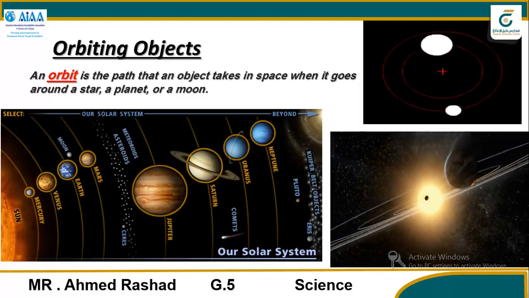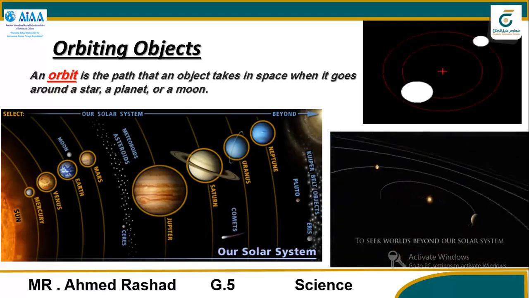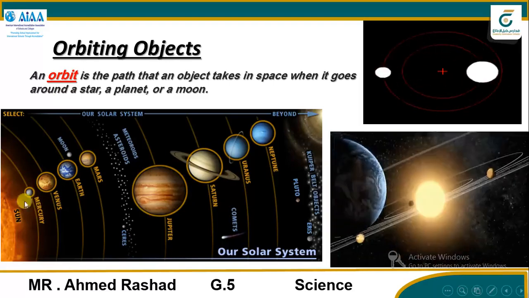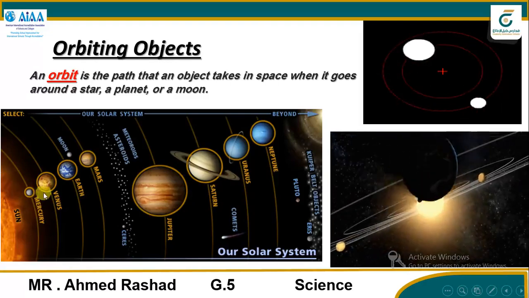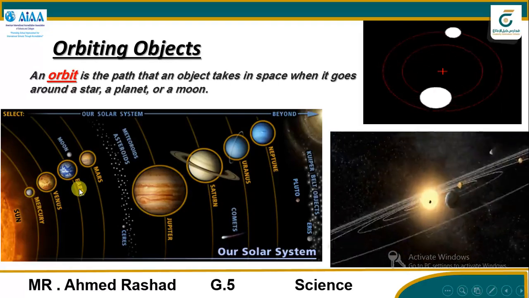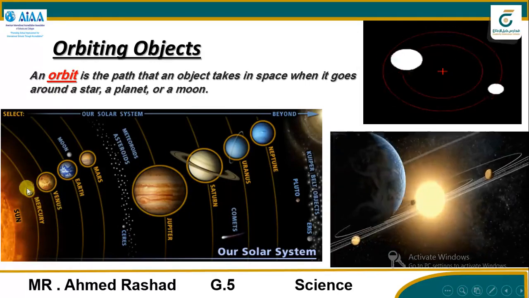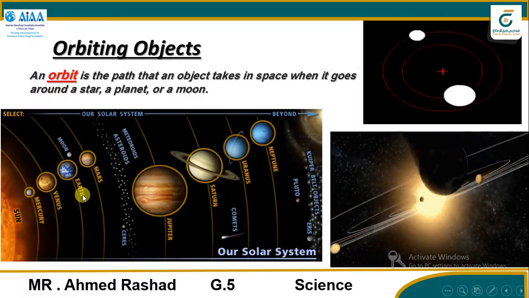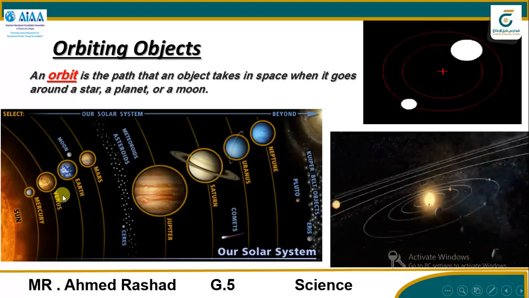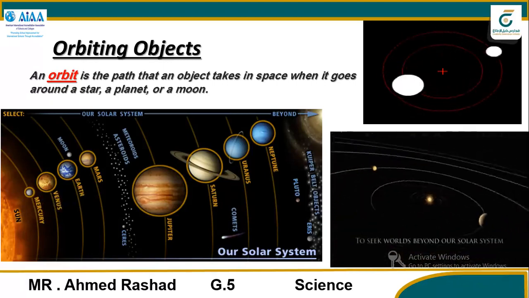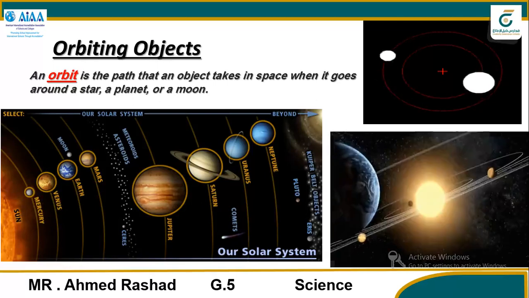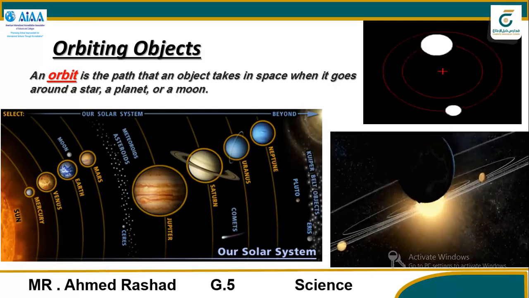So Mercury has a short year. If we compare Mercury and the Earth, Mercury has a high speed of movement around the sun compared to the Earth or Mars.